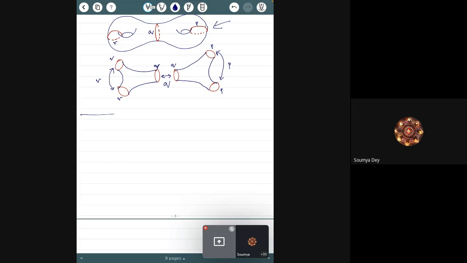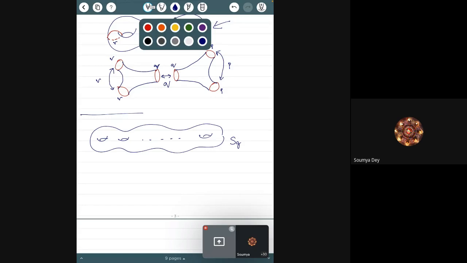So in case you have a genus g surface S_g, you can consider these curves.